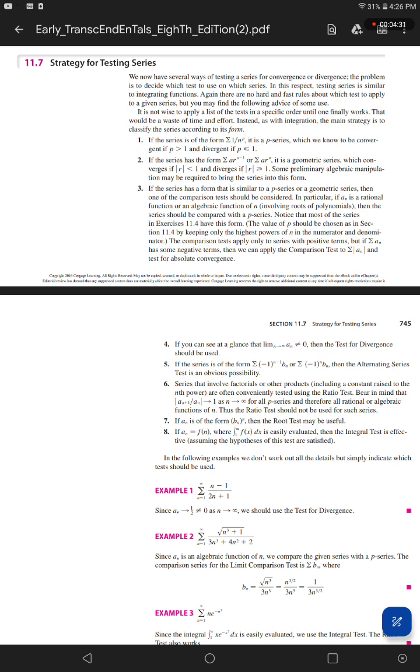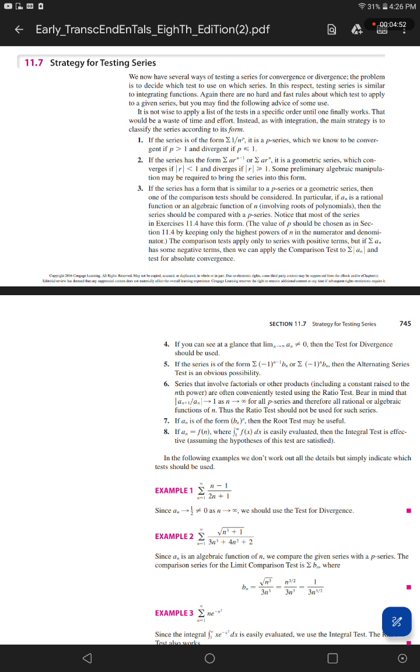Number 6. Series that involve factorials or other products, including a constant raised to the nth power, are often conveniently tested using the ratio test.